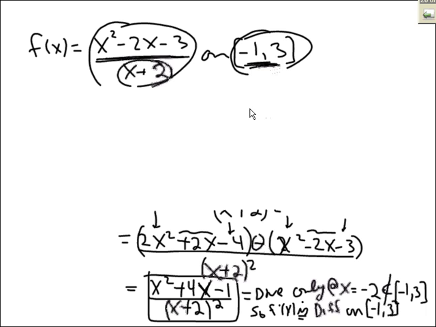So now we have to look at condition 3. One might argue condition 3 is the easiest one to check, so maybe you check it first. Nothing wrong with that.